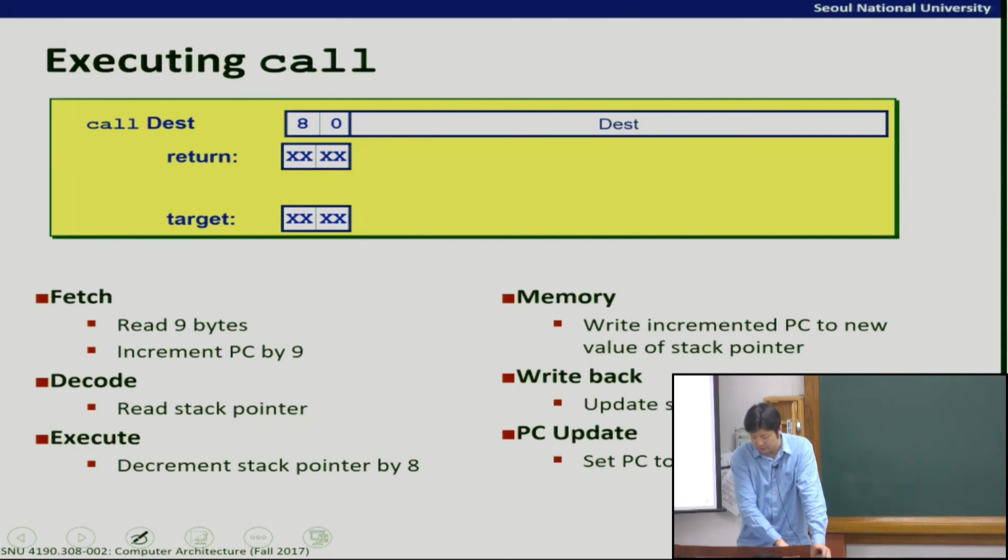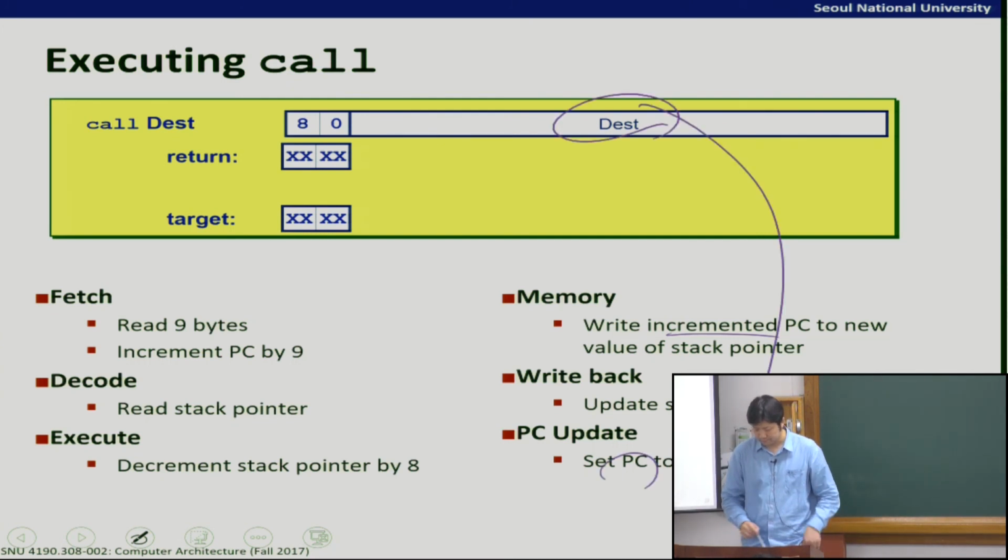Incremented PC means the address of the next instruction, to the stack. That's basically what happens in memory. In write back stage you update the stack pointer because now you have pushed the return address, and in PC update stage you set the PC to this destination field. Okay.